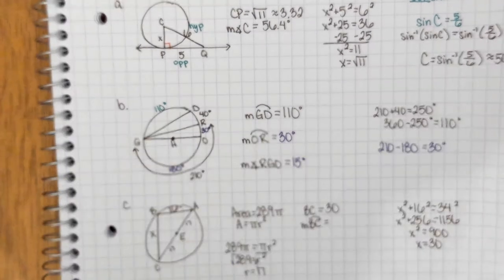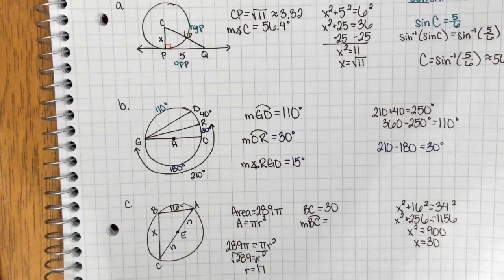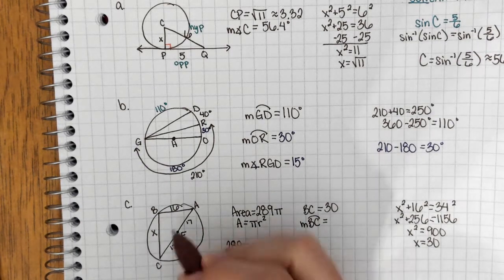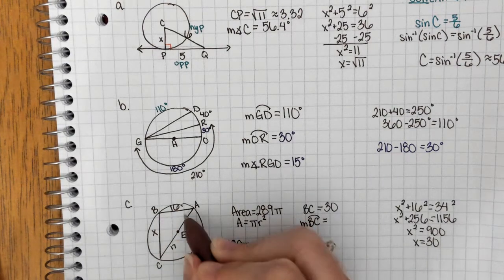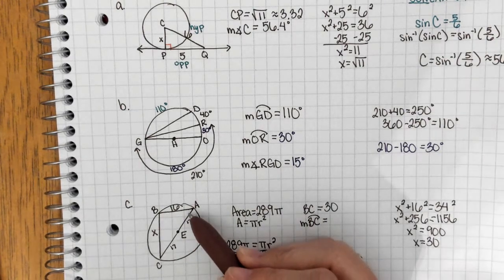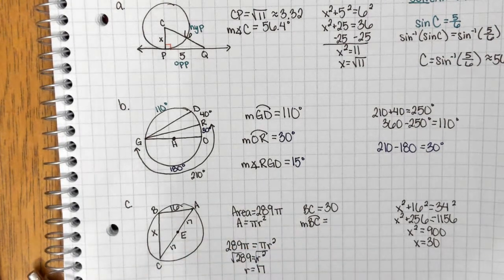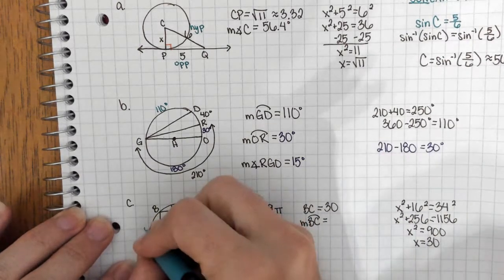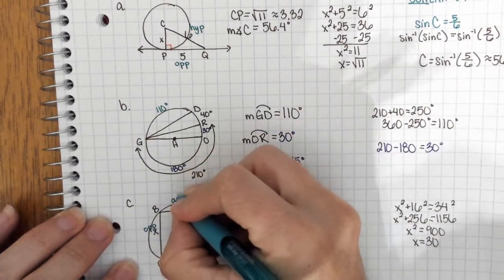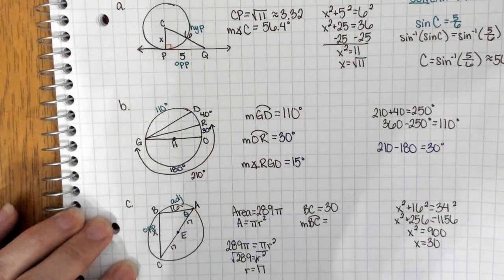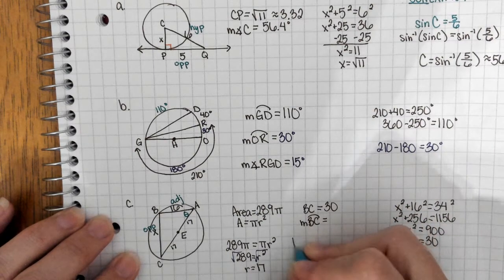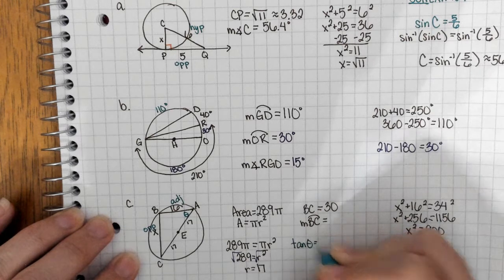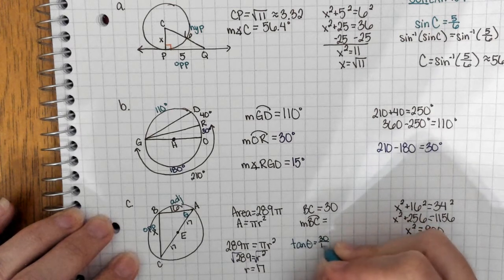And finally, they want the measure of arc BC. This has more trig, just tying kind of everything together here. So the measure of arc BC, if I can find angle A, I would double it to get BC, because that's the arc and A is the inscribed angle. So if I want to find angle A, I can use any sides I want. This is opposite and this is adjacent. Again, A is my theta that I'm looking for. So going back to SOHCAHTOA, tangent of theta is 30 over 16.